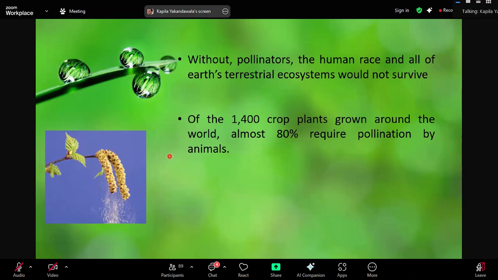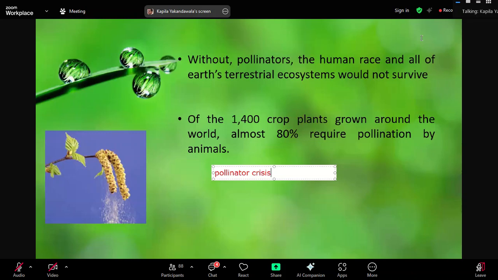So we don't value it. As a result, we destroy a large number of these insects in our surrounding environment, which led to the phenomenon called pollinator crisis. I'm not going to discuss this at this point, but human beings, you and me, we destroy a large number of these pollinators by applying chemicals, fertilizer, pesticides, and destroying their living places.